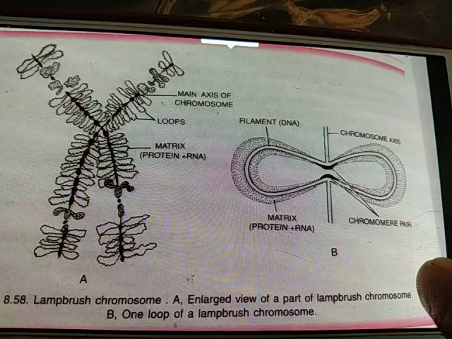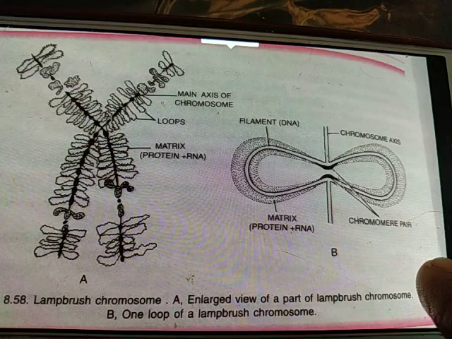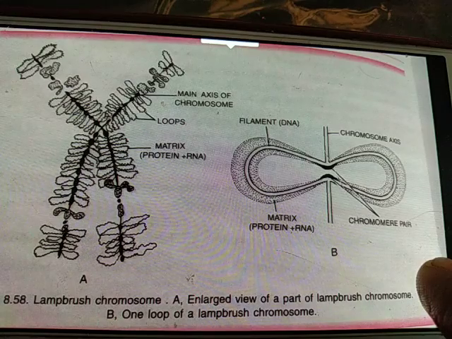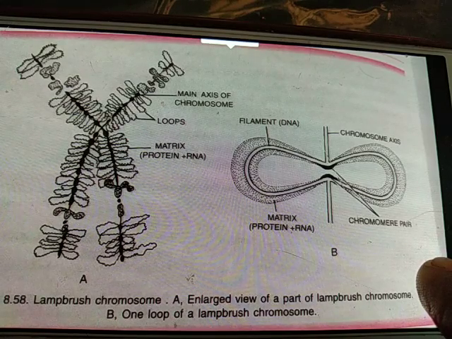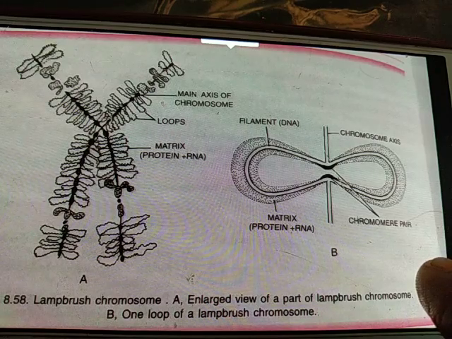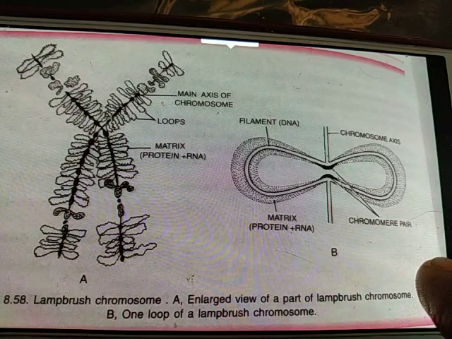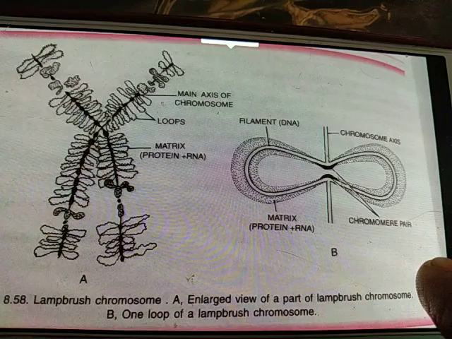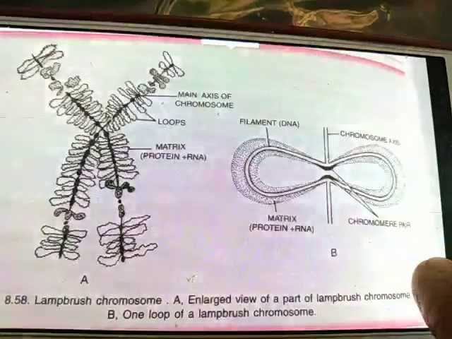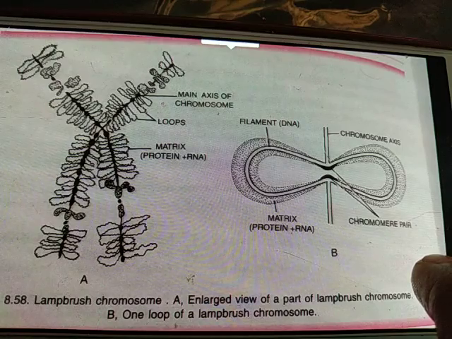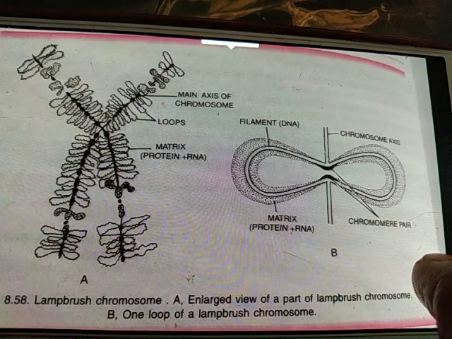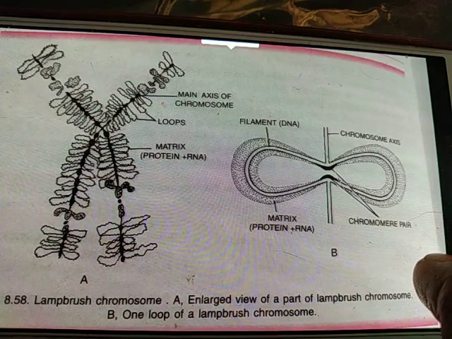Lateral loops take part in the rapid transcription of the messenger RNA meant for the synthesis of yolk and other substances required for the growth and development of the oocytes. RNA synthesis begins at the thinner end and progresses towards the thicker end. The transcripts, along with their binding proteins, remain attached to the loop and give it a fine fibrillar appearance.